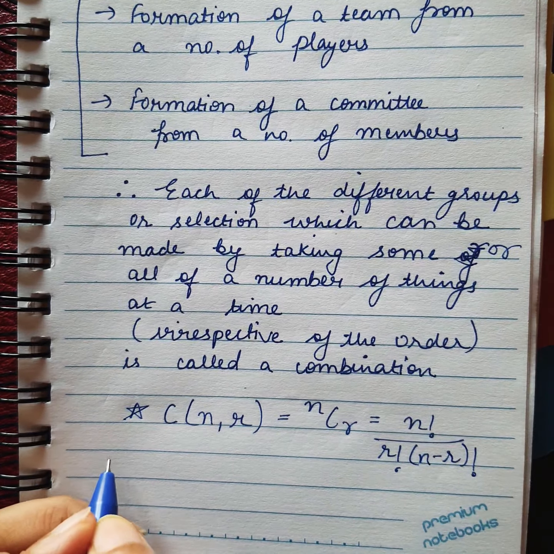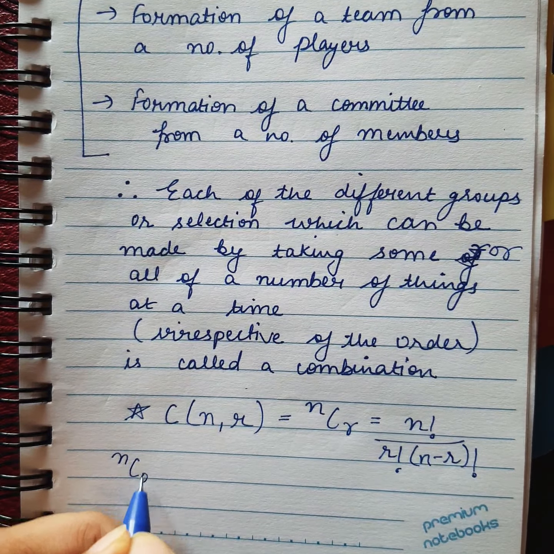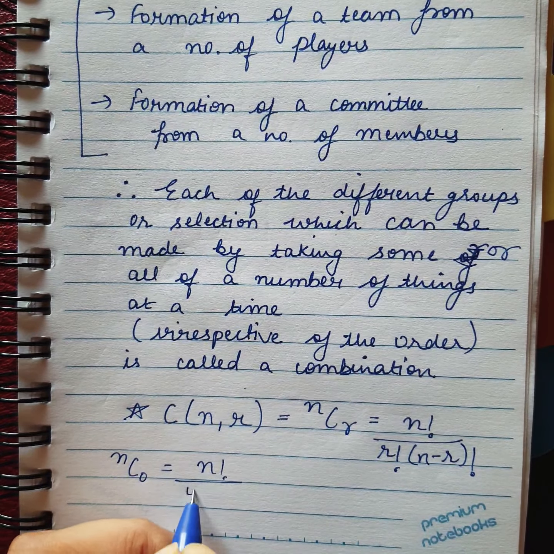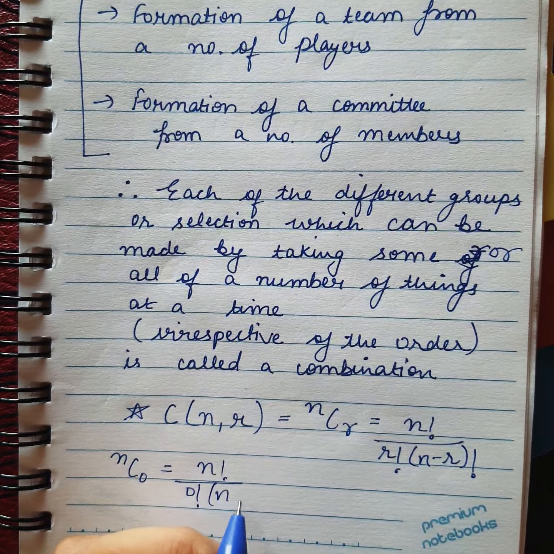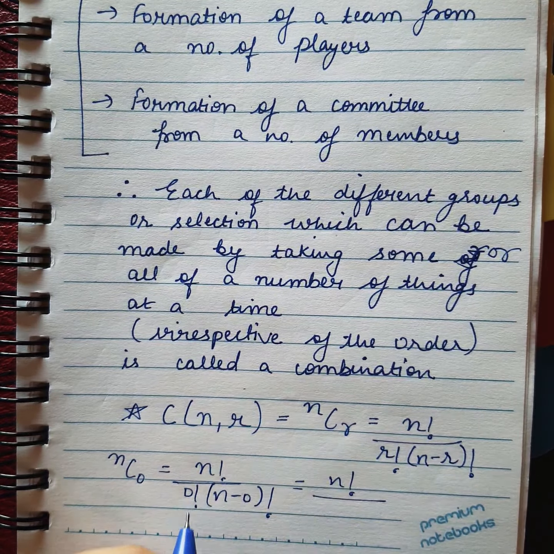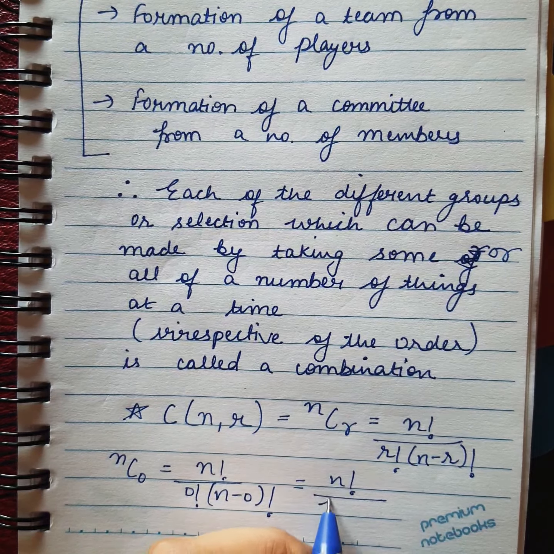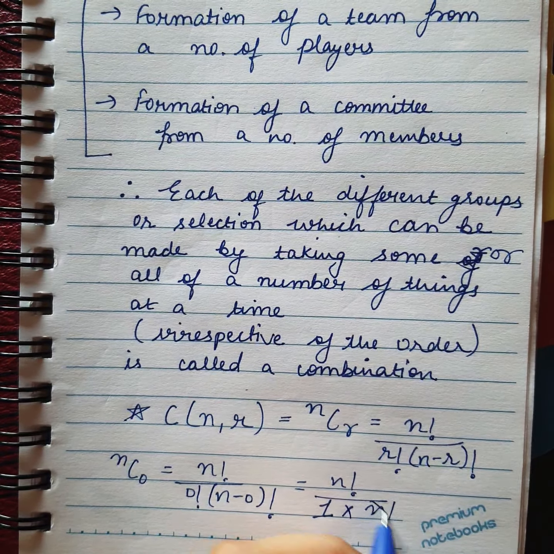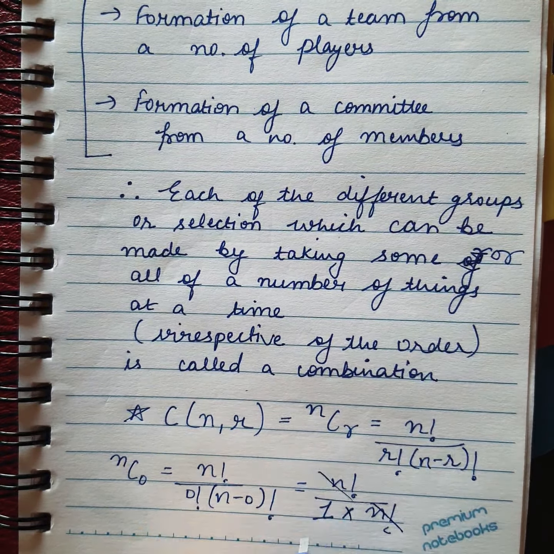If we have to calculate nC0, according to the formula it is n factorial upon 0 factorial times n minus 0 factorial. In the previous video we learned that 0 factorial is 1, so we get n factorial upon 1 into n factorial, which is 1. So nC0 is 1.